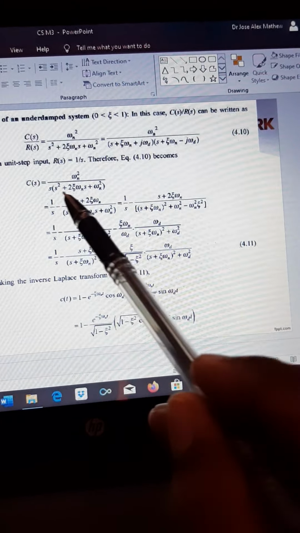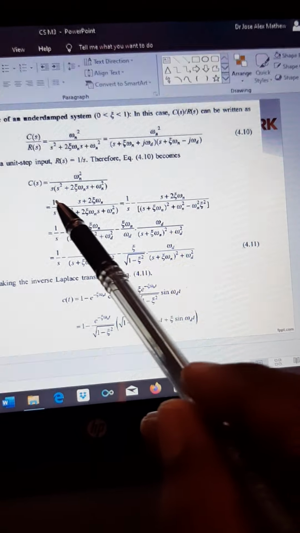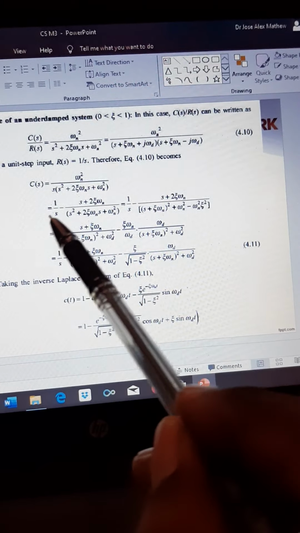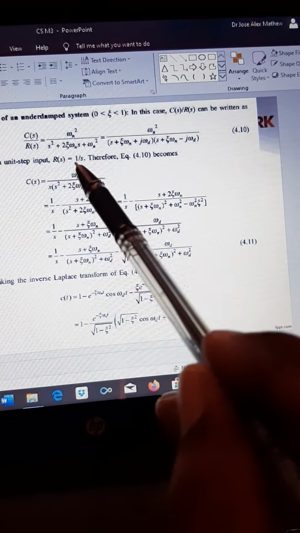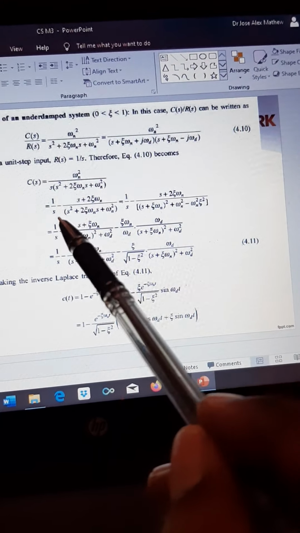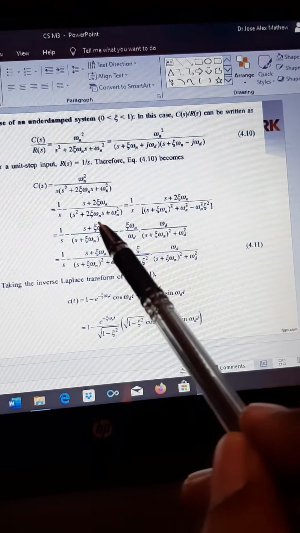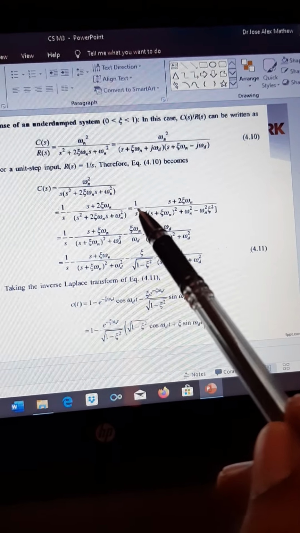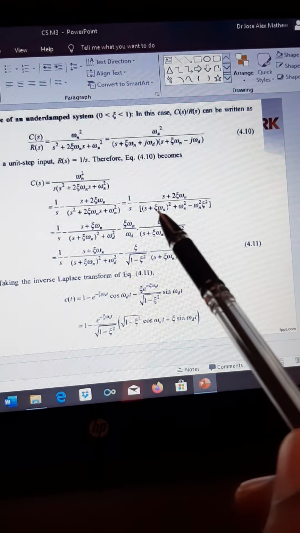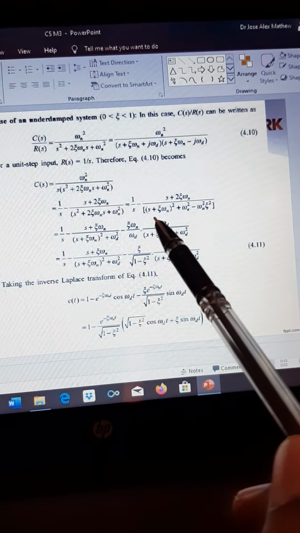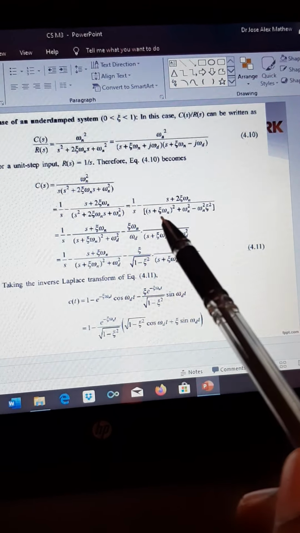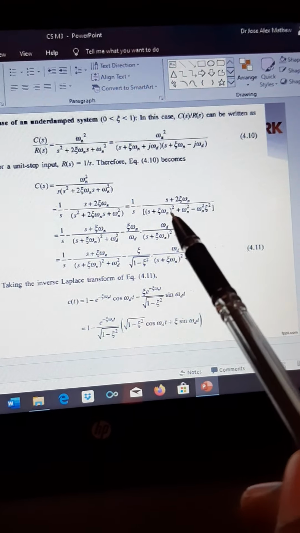If you reduce these expressions, taking the common term, you get the same expressions. We are splitting the expression into two terms. That is equal to 1 by S minus S plus 2 psi omega n, and here again this can be written as S plus psi omega n all square.